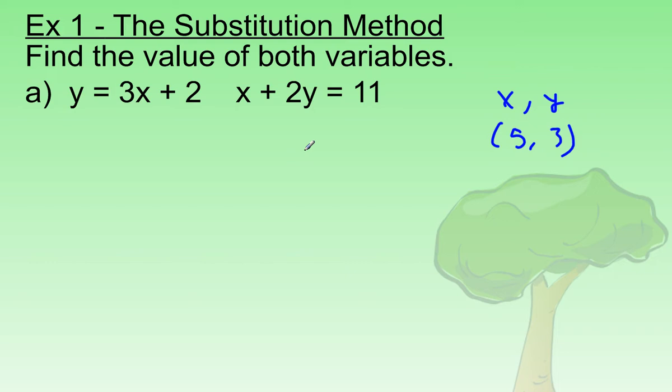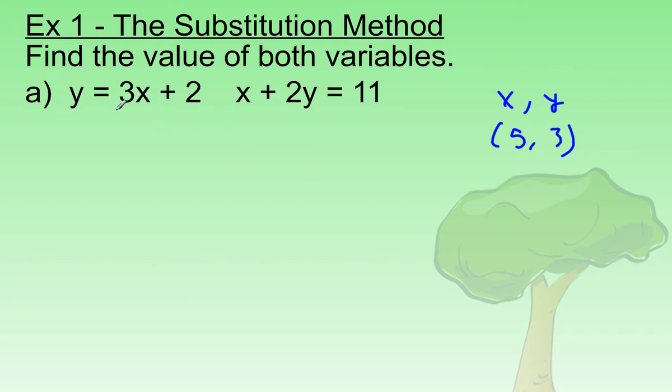The general rule of solving an equation is this. You can't solve an equation if there's more than one variable. You cannot find out what that variable is if there's more than one. So what we need to do is get rid of one of the variables. We need to get an equation with one variable in it.